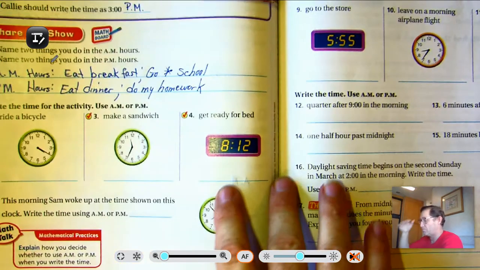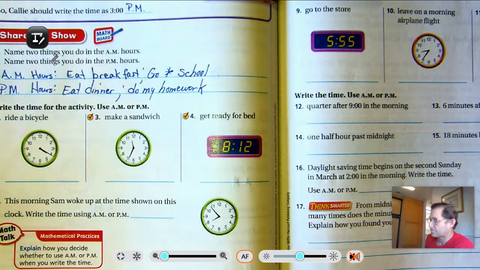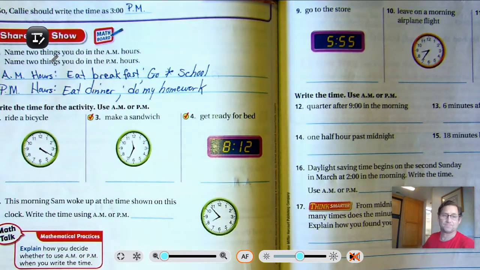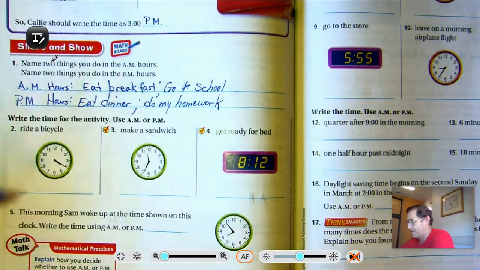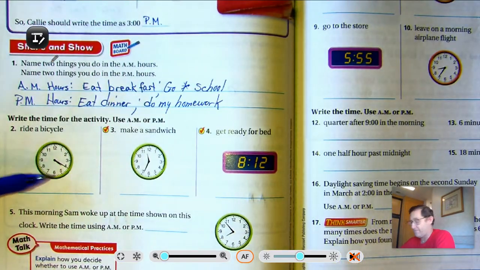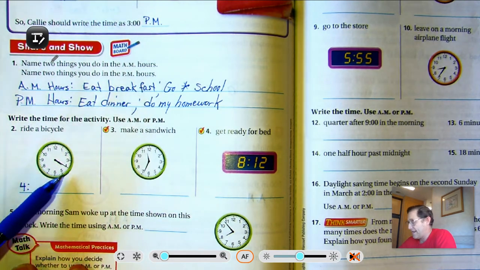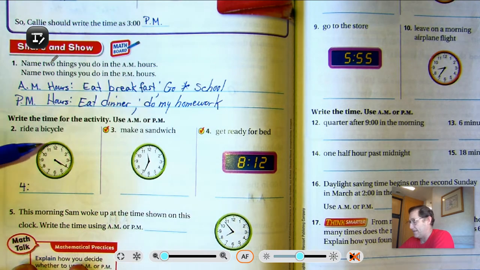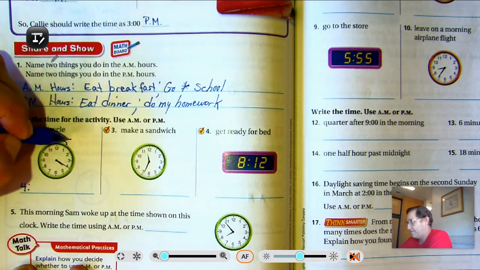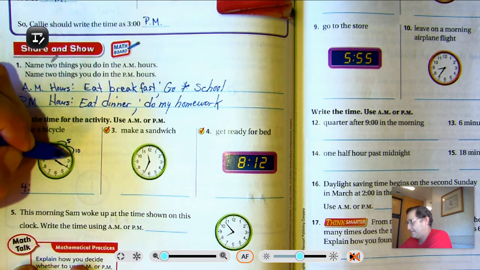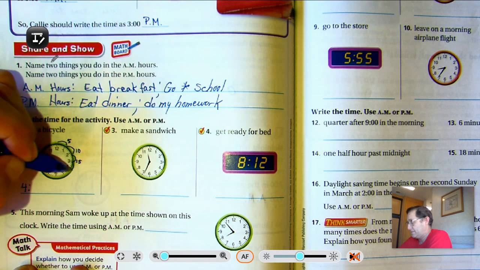All right, number 2, ride a bicycle, AM or PM. So let's look at the clock. So the hour hand is in between 4 and 5, so it's 4. And the minute hand is pointing right at the 4, so that's 5, 10, 15, 20.